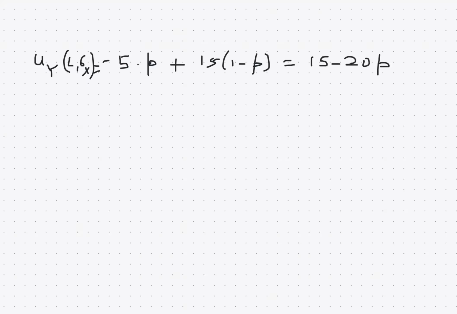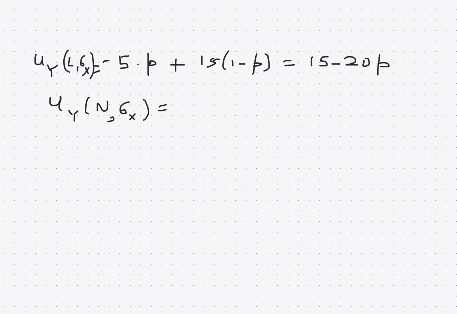And similarly, if firm Y chooses not to lobby, the expected payoff for firm Y from not lobbying, given the mixed strategy of firm X, you can just look at the payoffs here.